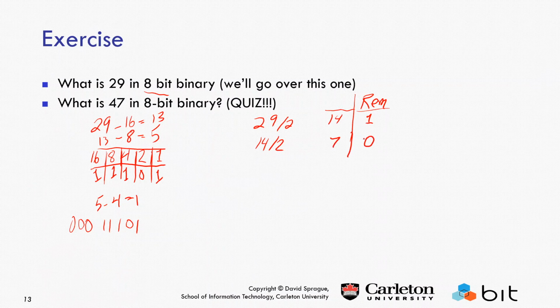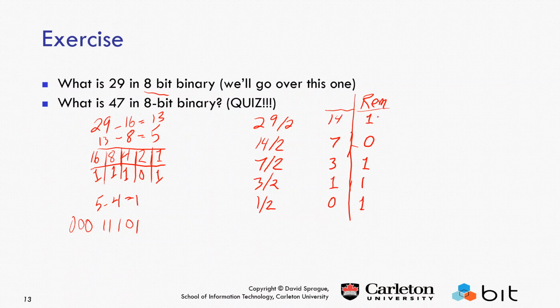It's an even number though, so I'm going to put a 0. I then say 7 divided by 2, that's going to be equal to 3, right? Remainder 1. 3 divided by 2 is equal to 1 remainder 1. 1 divided by 2 is equal to 0 remainder 1.